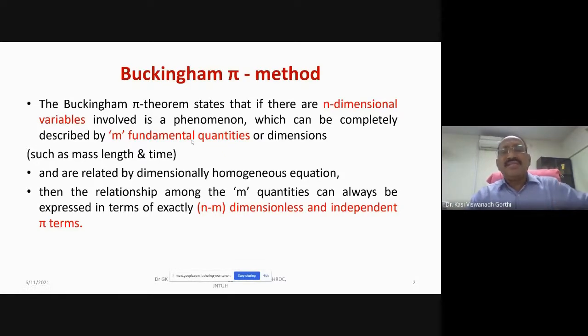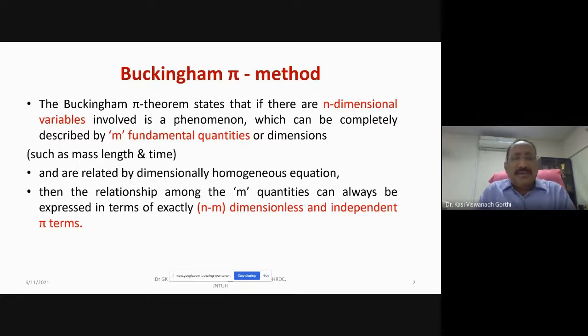depending on the physical phenomenon that is selected, and n variables are there in a phenomenon. The total number of dimensional variables is n, and all these n variables are completely described in terms of m primary quantities, 3 or 2 or say 4.